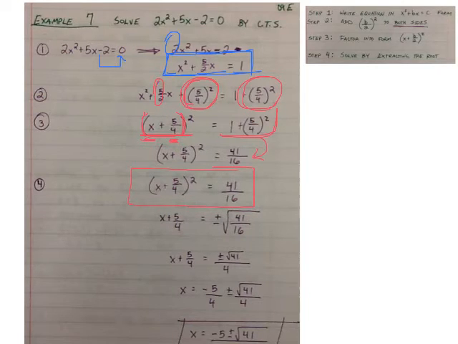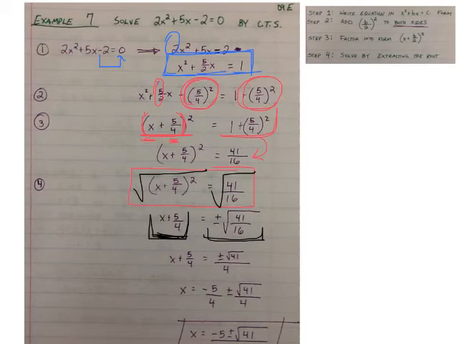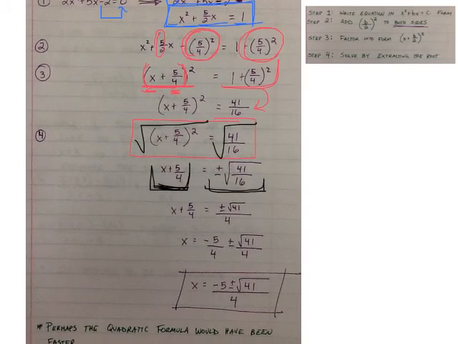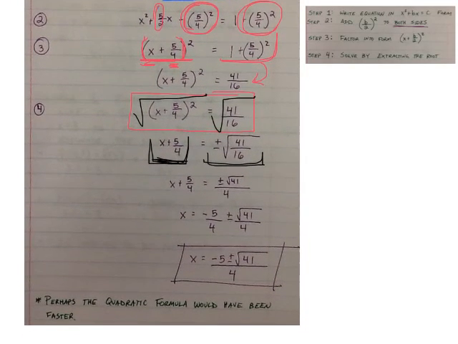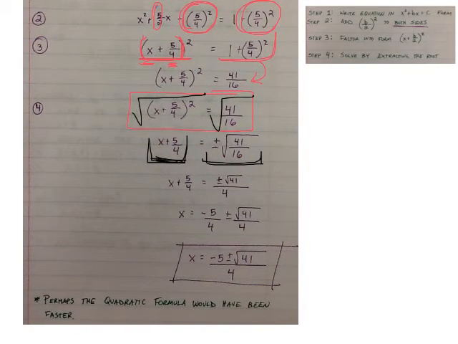The first thing I did was I square rooted both sides, and that took away the squaring and gave me x + 5/4 on the left side, and then plus and minus root 41 over 16, which I then simplified by taking the square root of the denominator, and I went through and solved it out, arriving at the final answer of x = (-5 ± √41)/4.